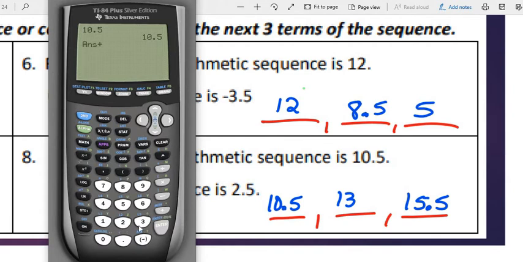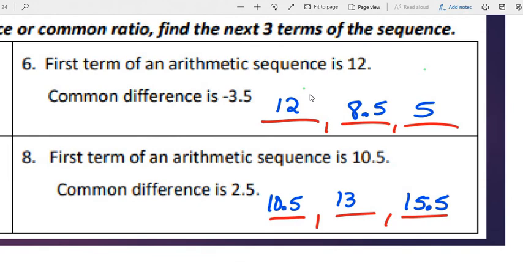Now add your common difference of 2.5 to it, hit enter. If you do not have a graphing calculator, instead of hitting enter each time, you would just say plus 2.5 and you get 13, plus 2.5 and get 15.5.